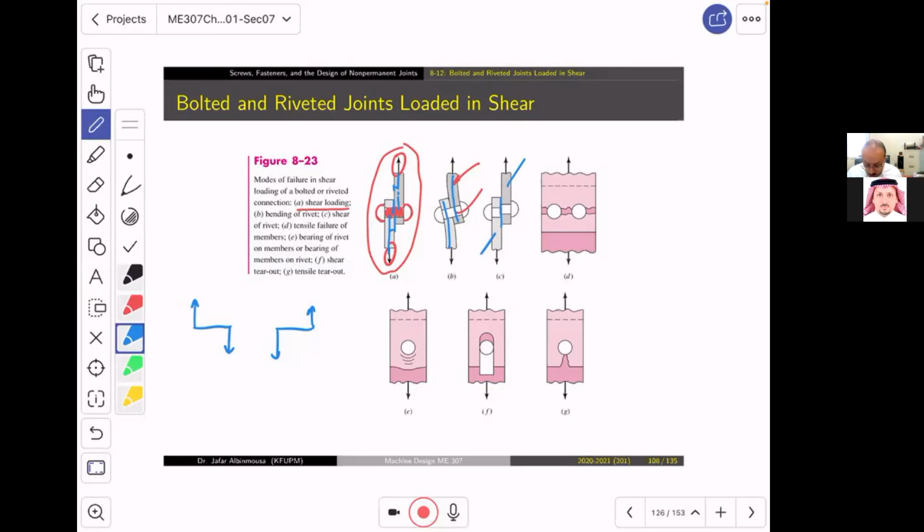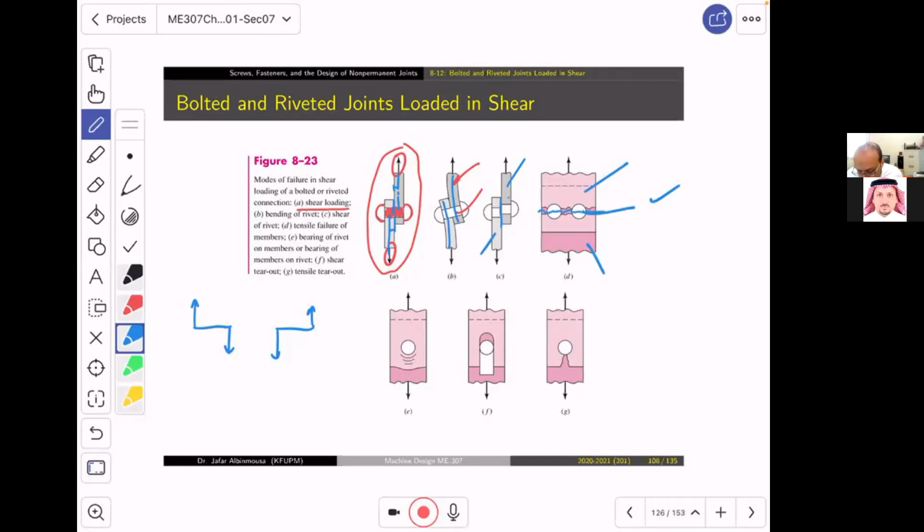Now, the other situation is that, look, the member might be strong, maybe thick enough, or the combination somehow ended up having the rivet safe, and the members themselves, which are these two members, the one on the top and the one on the bottom, instead of bending, they fail.